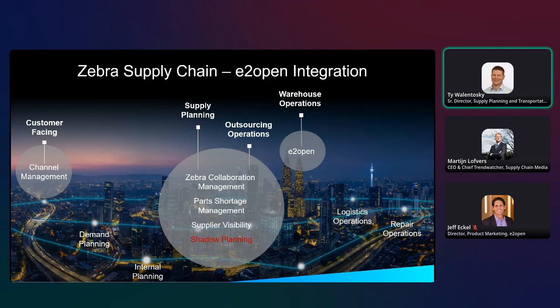The starting point of our relationship with e2open was within supply planning. We started with the supplier collaboration that we call Zebra Collaboration Management. The best way I describe this to folks who aren't familiar in this space is, this is really a pipe between Zebra and all of its suppliers.